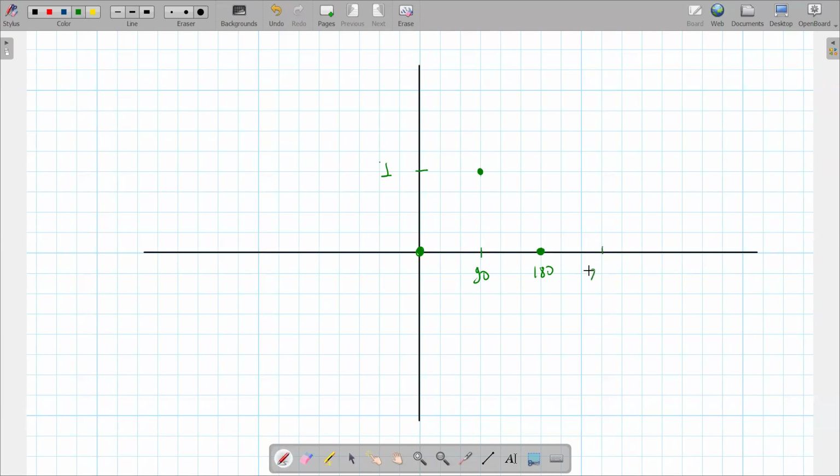And then another quarter period, it goes down to the minimum. And then one more quarter period that finishes the cycle, it comes right back up. So this is the plot of sine x.